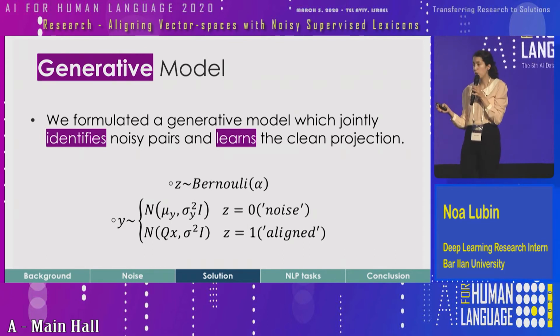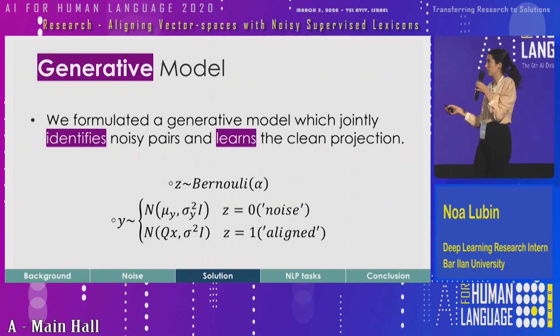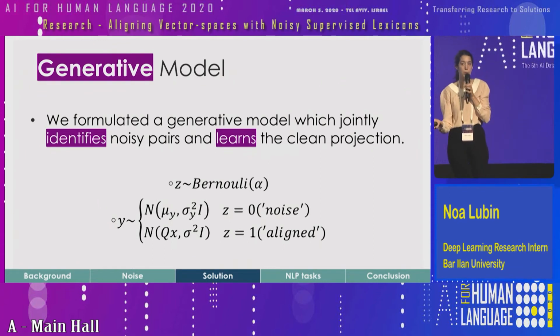And how do we do it? We do it with a generative model. For those who haven't heard of a generative model, we tell a story of how these vectors were created. The story is this. I toss a coin with probability alpha, which is one of my parameters.